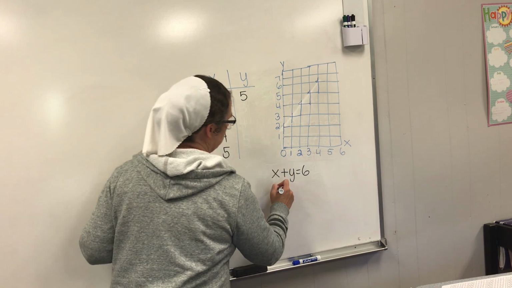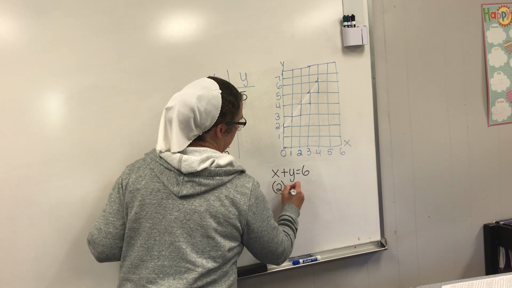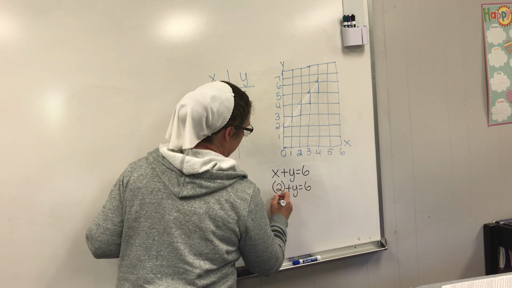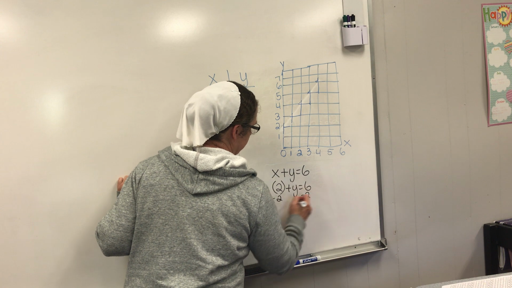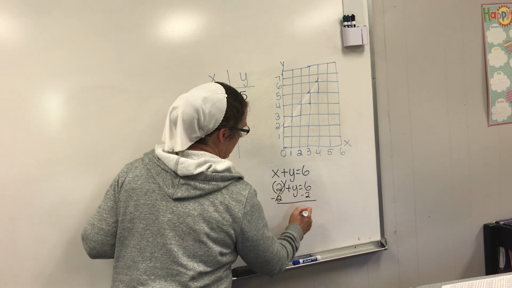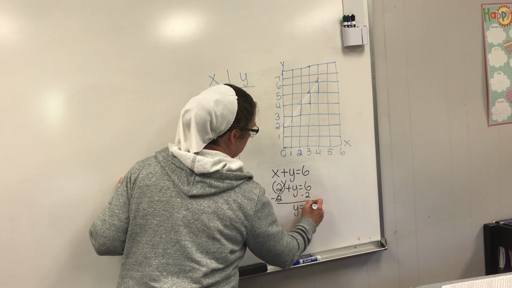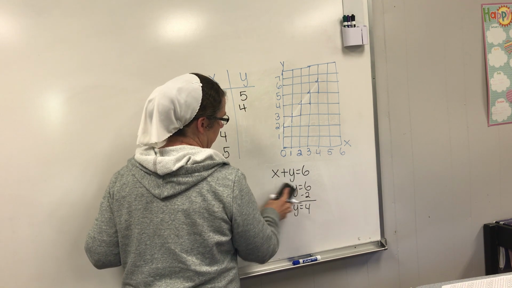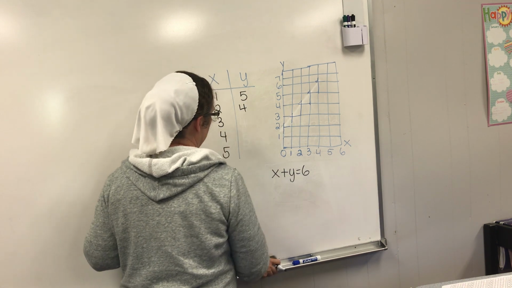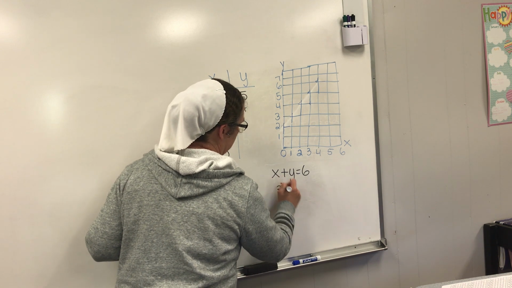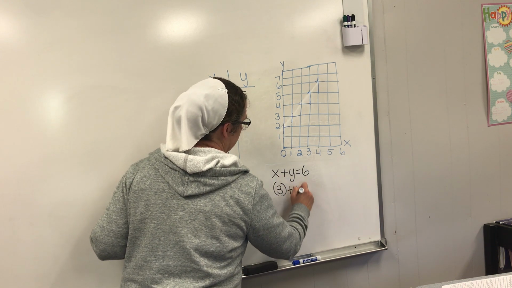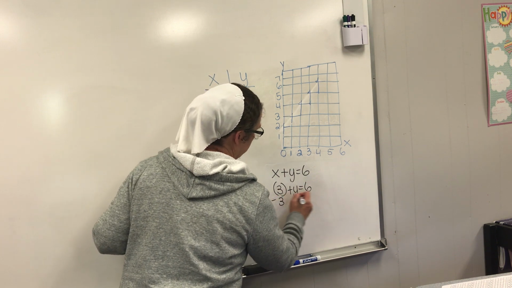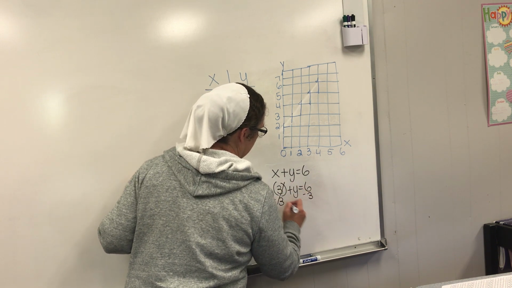So if our x is 2, what is our y? Again, you have to have a negative 2 to both sides. That cancels out. Y equals 4. All right? If our x is 3 plus y equals 6, a negative 3 to both sides, that cancels out.